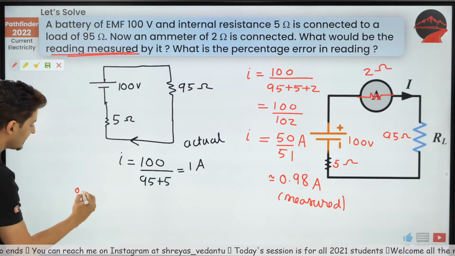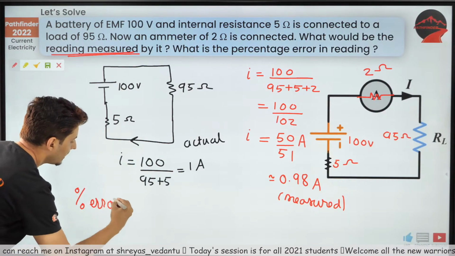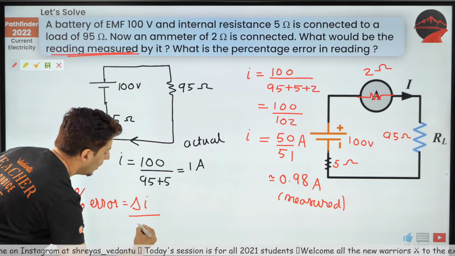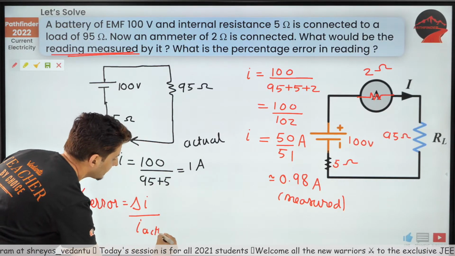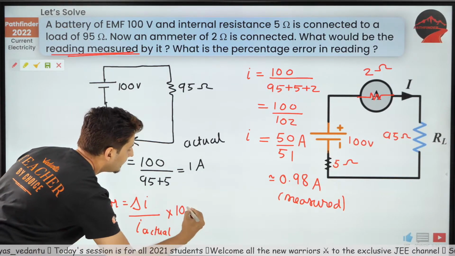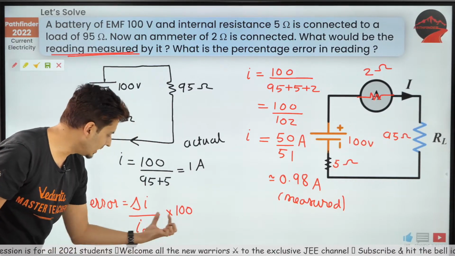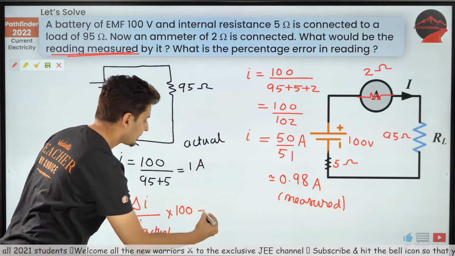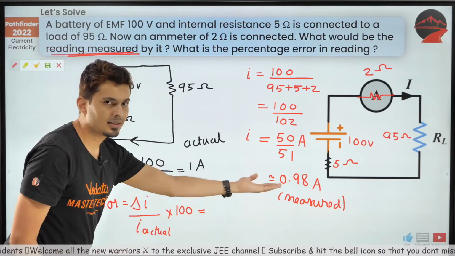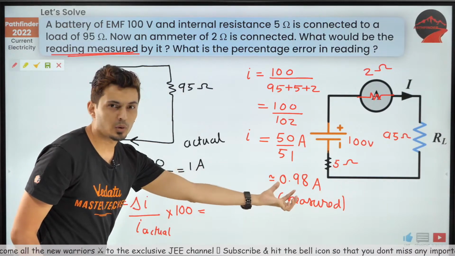So the percentage error is delta I upon the actual current I, into 100. This is the change upon original into 100. That's why it's percentage error. What is the change? 0.02.